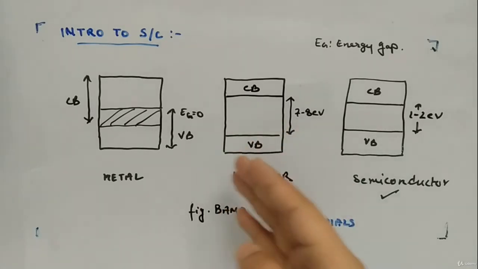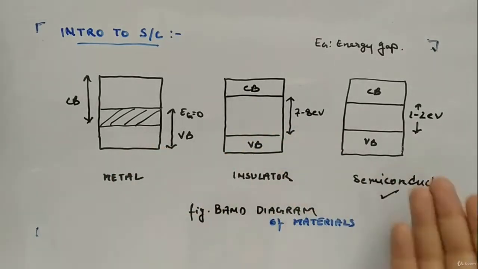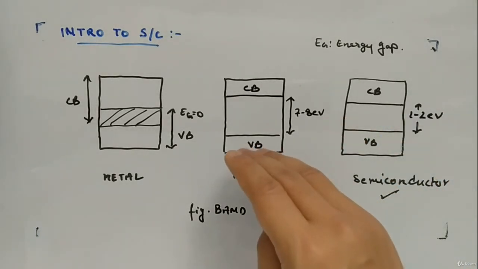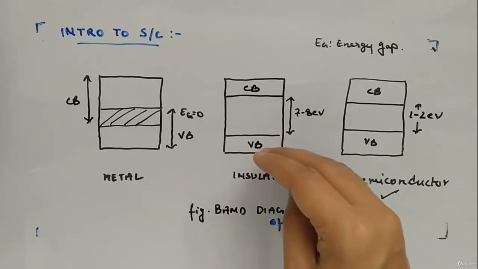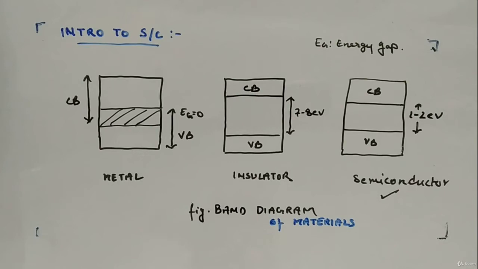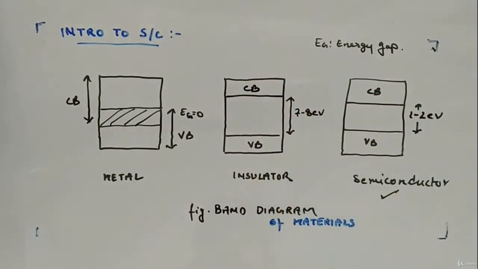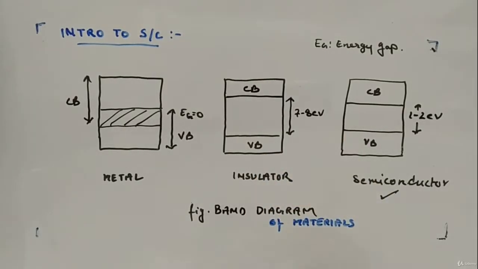You can imagine there are electrons and holes residing inside the valence band, and by giving proper energy you will be able to eject the electrons from the valence band and they will reach the conduction band, so that they become free electrons which will be used for conduction of current. That's what we call conductivity.